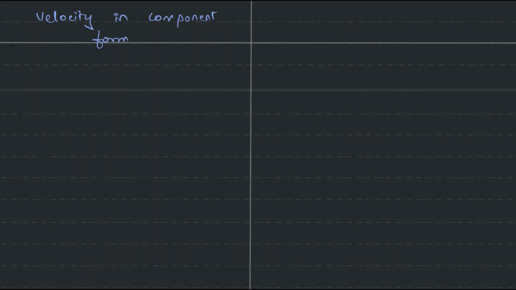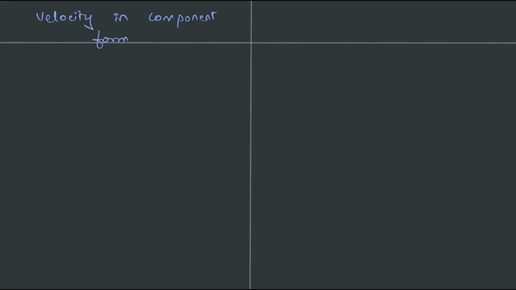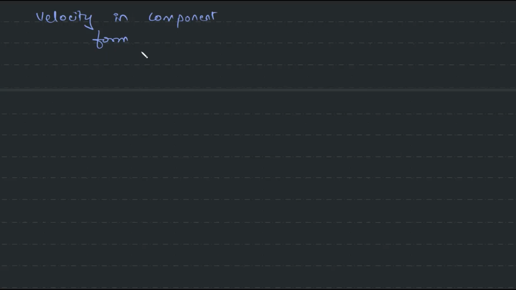So velocity in component form. Okay, let me actually remove this. Let me keep it to this.